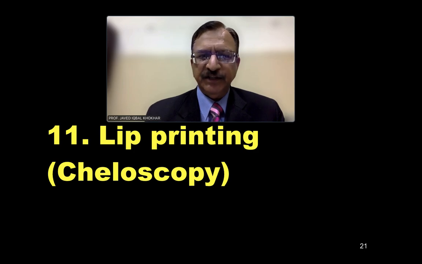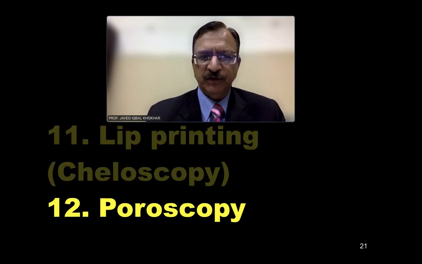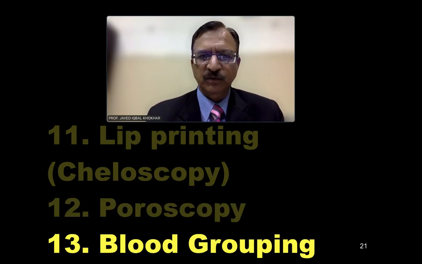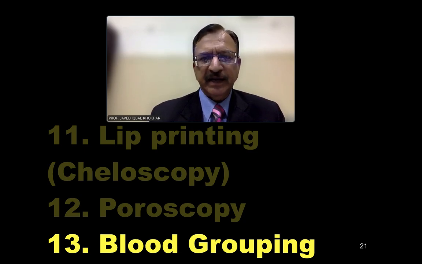Then lip printing, the chiloscopy, this is also very characteristic of each individual. Poroscopy, that means the pores of the sweat glands on the palms of the hands, and they are also very characteristic for each individual. Then blood grouping can be helpful. These are the parameters, can be any, and there is an unending list because every parameter is unique to that individual.